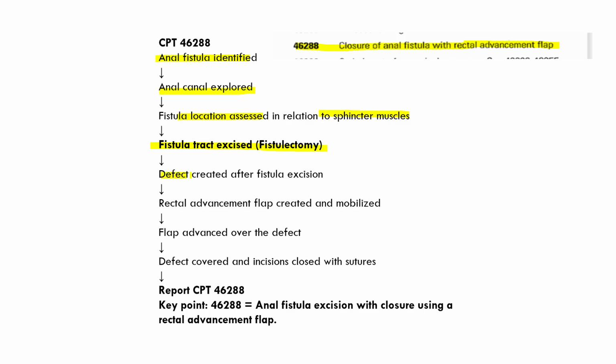He will create a defect after the fistula excision, then place a flap, advance the flap over the defect area and close it. So simply he is closing the anal fistula with the help of the flap. In that case you can report CPT 46288.